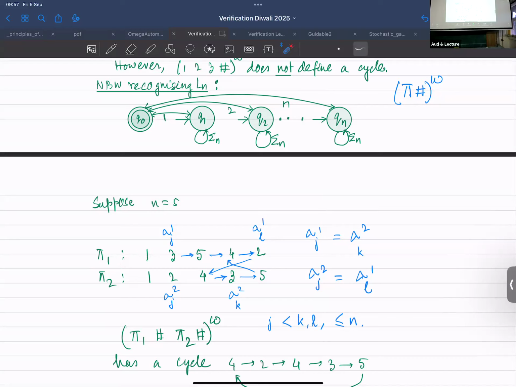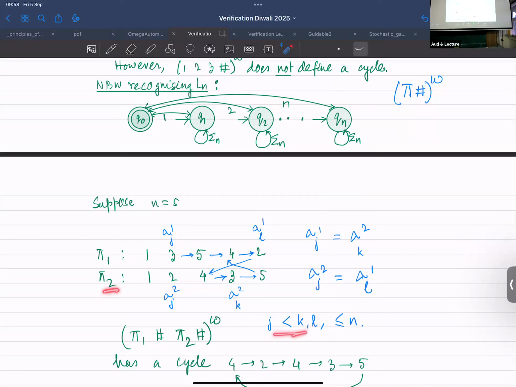There will be some minimal index, let's say j, where the letters would differ. Here it is this position, correct? Here they are same, here they are different. So this is the minimum such position, which I call j, where the letters differ. Now, if the letters differ here, then this letter that you see here, the 3, should appear in the second permutation at some position k which is greater than j.